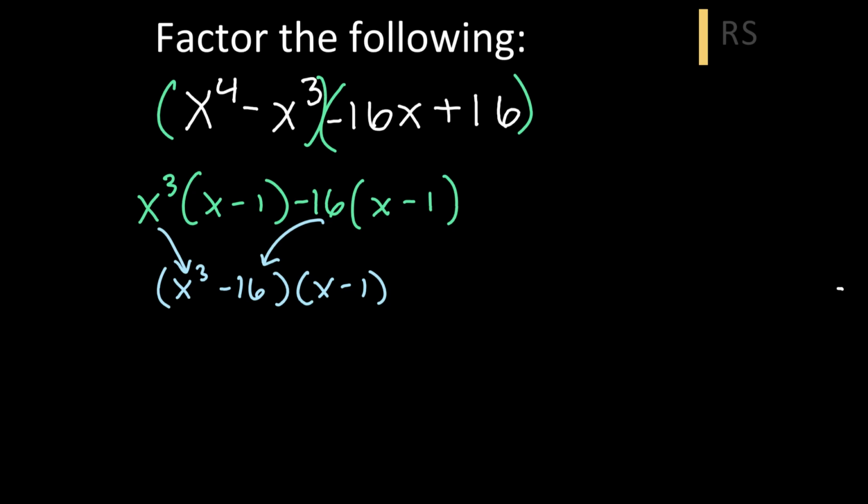Now, the only ways that it could be factored are as if this was a sum or difference of cubes or a difference of squares. So, like Jazz said, we ask ourselves, are they perfect cubes? X cubed and 16. No, the 16 is not a perfect cube. Are they both perfect squares? No, the x cubed is not a perfect square. So, can this be factored further? Nope, I'm done.